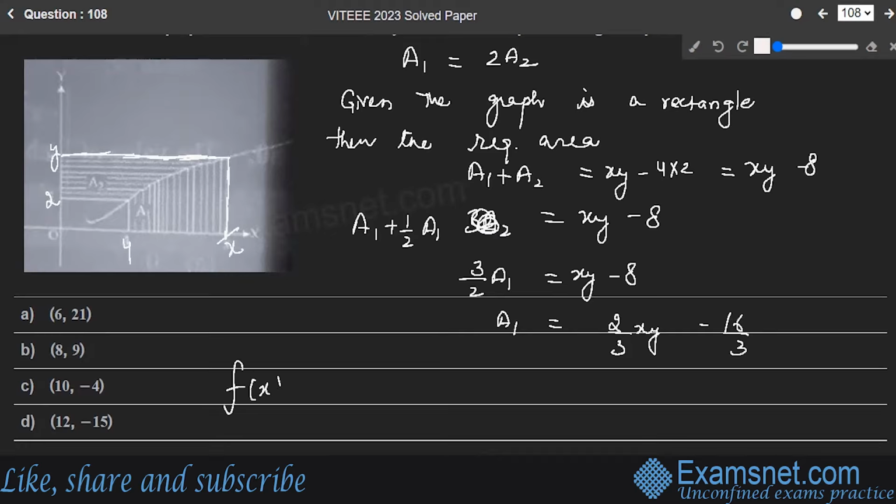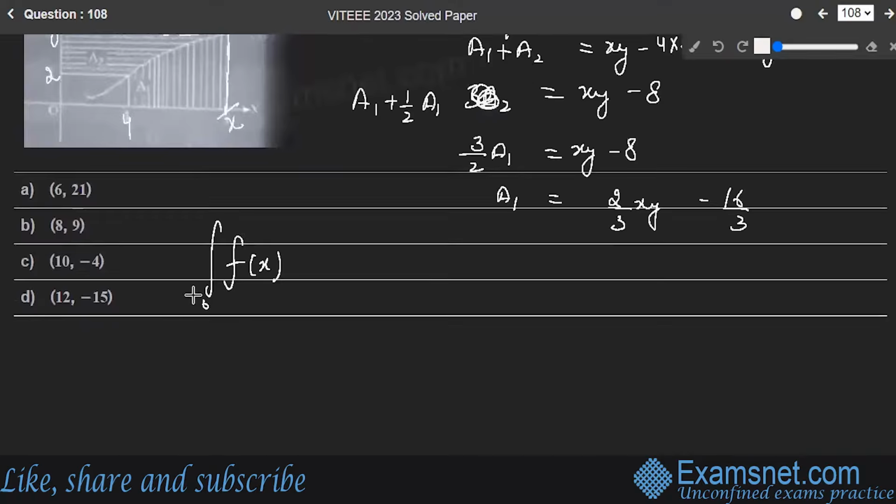So the integral from 4 to x of f(x) is equal to 2 by 3 xy minus 16 upon 3. Hope you got that.